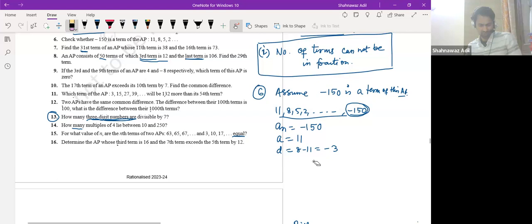So let us check that. Okay, so this is correct, and minus 3n, minus 3n plus, correct.